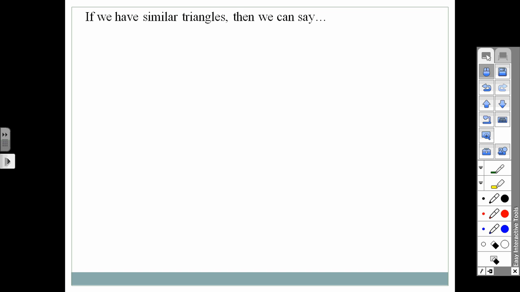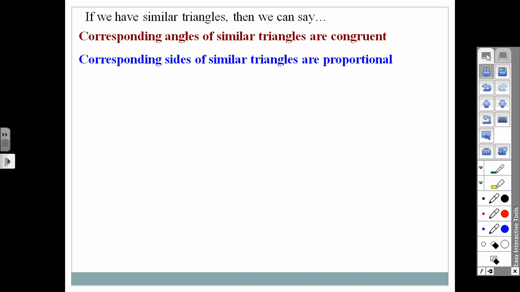So there's two things we could say. One is that corresponding angles in similar triangles are congruent. And the second, number 2, is that corresponding sides of similar triangles are proportional. And I have to say that we use the second one, this one down here in blue, more often than we use this first one up here in red.